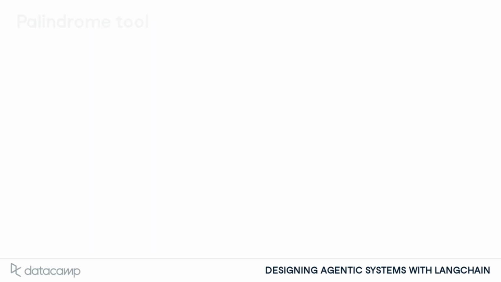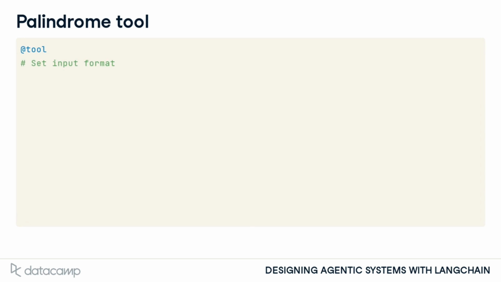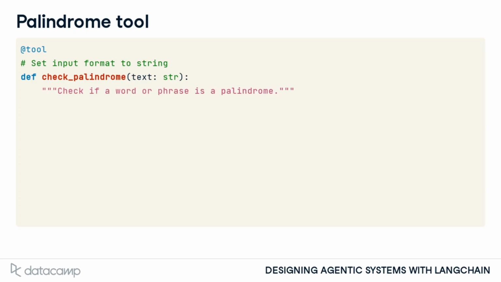Next, we'll create our palindrome tool. Starting with a tool decorator, we'll name the tool Check Palindrome, then set the expected input to string. Then we'll create a docstring with an instruction to check for a palindrome.